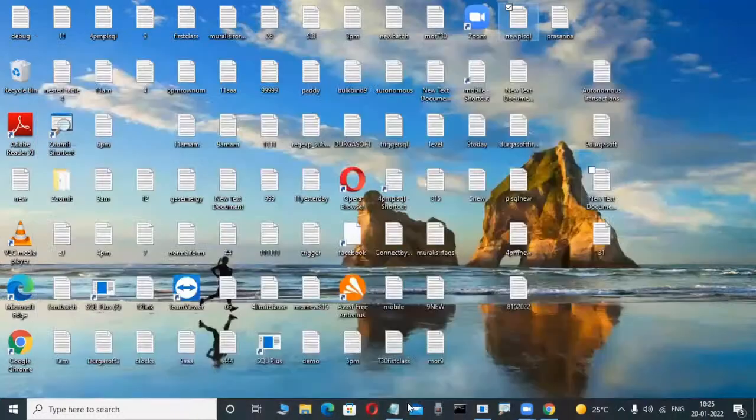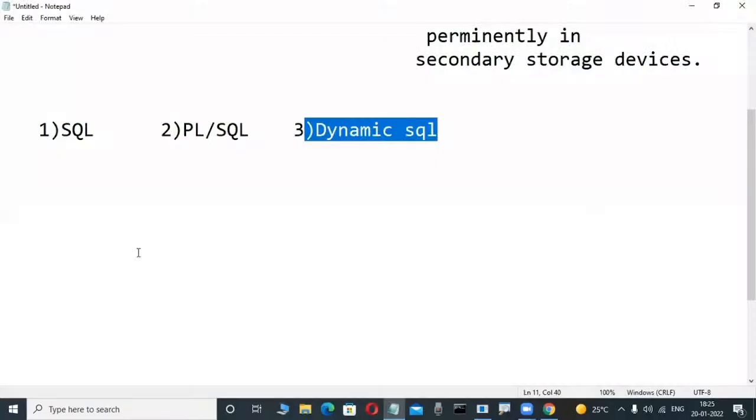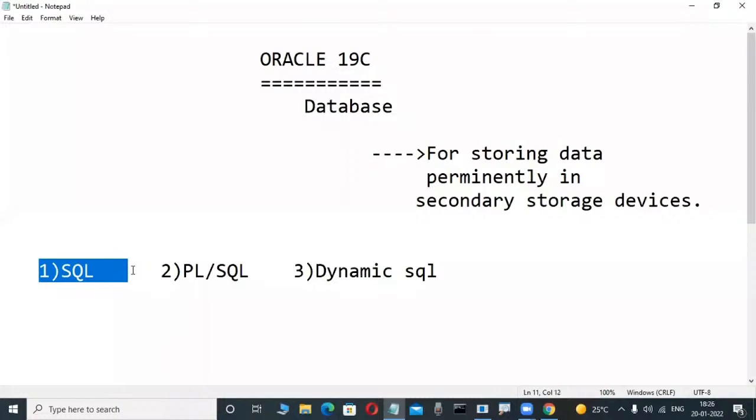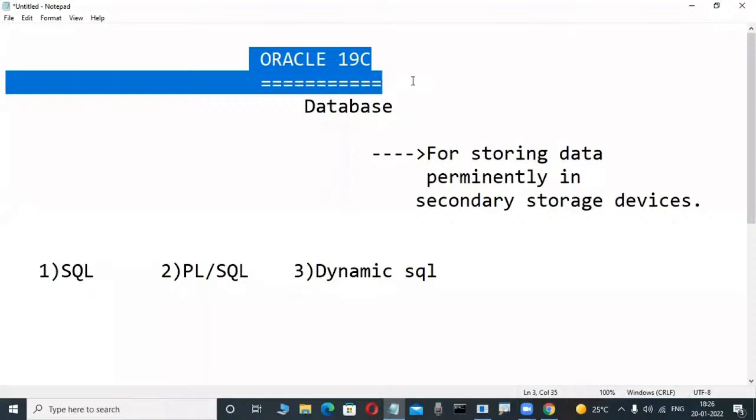So much syllabus is there. Don't worry. That's why we learn the SQL language first. After that, once you have some knowledge, then you learn about PLSQL. Through these two languages, we are operating this Oracle software.